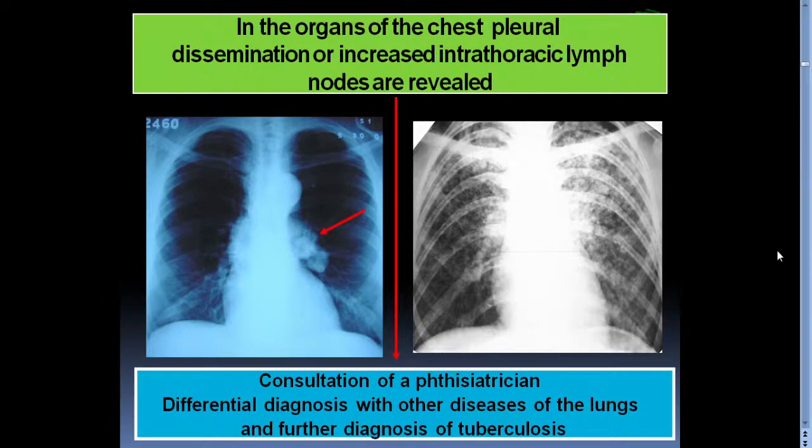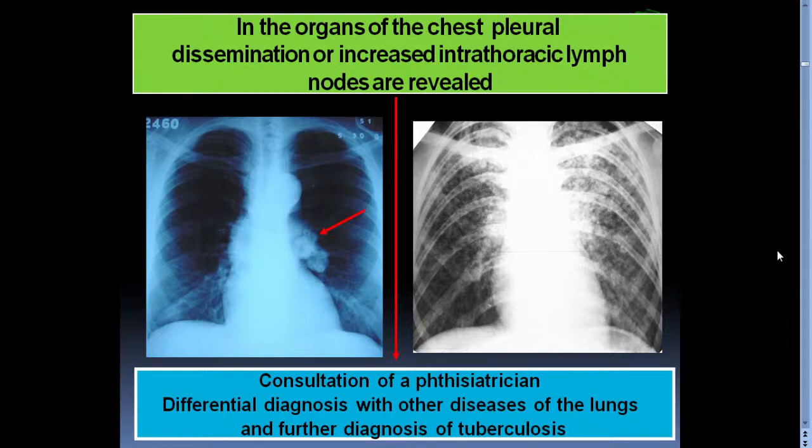If in the organs of the chest pleural dissemination or increased intrathoracic lymph nodes are revealed, there must be consultation of a physiatrician also, and differential diagnosis with other diseases of the lungs and further diagnosis of tuberculosis.